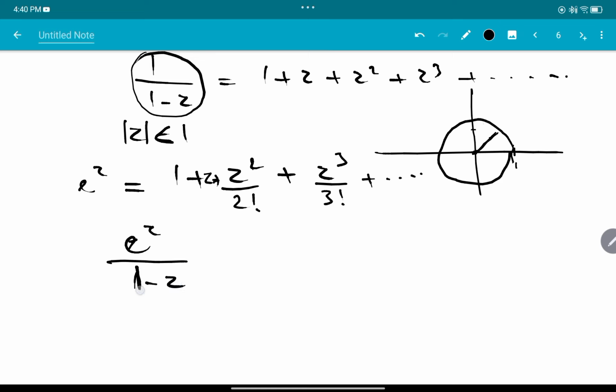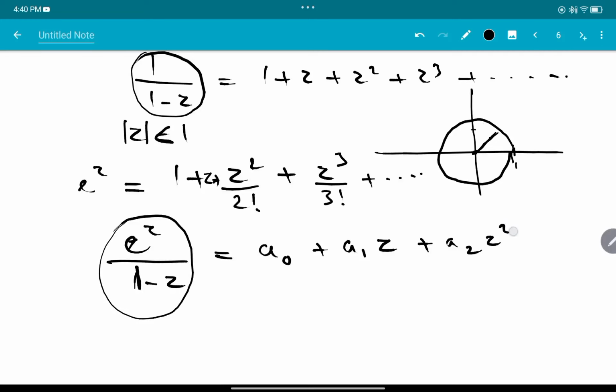Since this expression can be expanded in a Taylor series, let that series be a naught plus a1 z plus a2 z square plus dot dot dot. The question is, I need to determine these coefficients a naught, a1, a2. I think you must have understood my point.